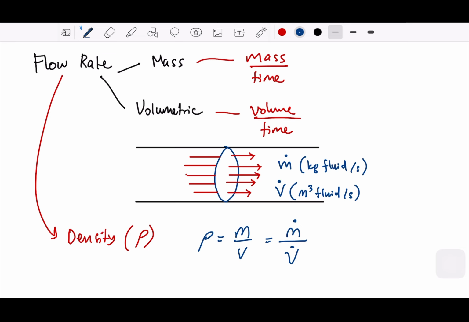Okay, there's some description in the textbook, but I think the description can be observed through these equations. Yeah. So the density can be used as a conversion.